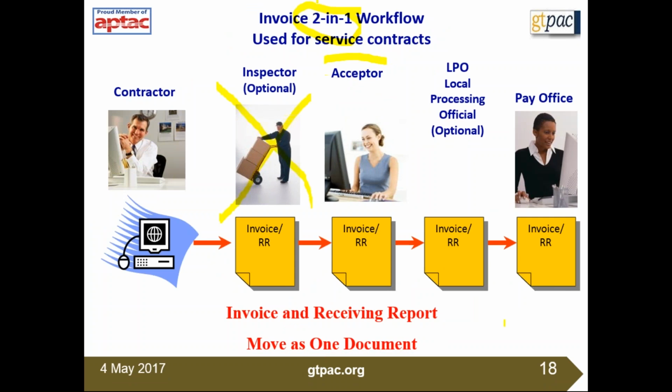If it's a service contract, it's going to be a 2-in-1. If it's a combination of the two, where there's a service to be performed and a commodity, that's a question you do need to clarify with the contracting officer and or the contracting officer's staff.